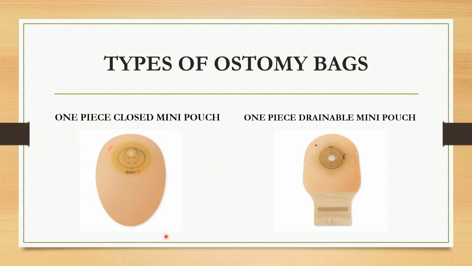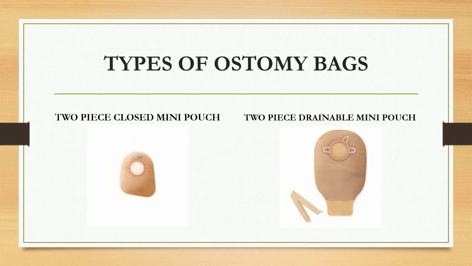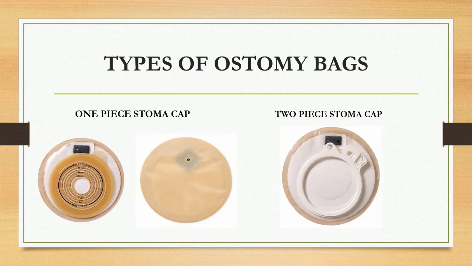The first one is one piece closed mini pouch, and the second picture is one piece drainable mini pouch. The mini pouches are available in two piece as well. So the first picture is two-piece closed mini pouch and the second one is two-piece drainable mini pouch.